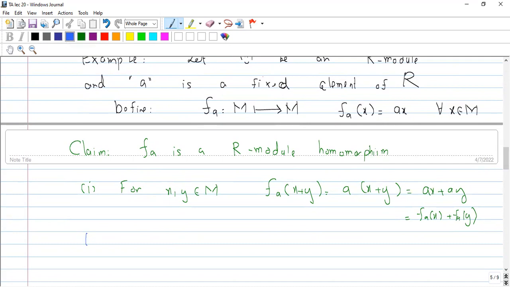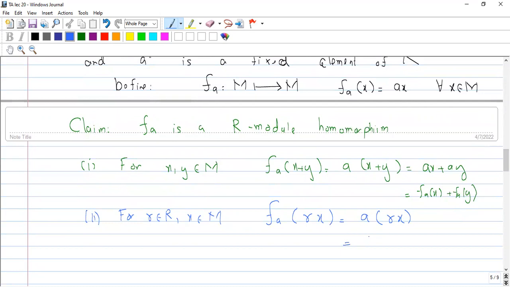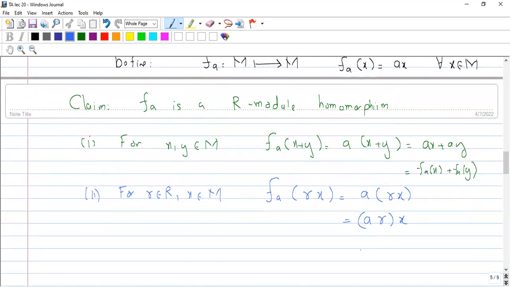And the condition number 2, that for r in R and x in M, if we take f_A of rx, by definition it is A into rx. So now using the module property, I can write this first in this form Ar into x. ये module की property होती है that associativity hold करती है between the scalars and an element of M. And then since R is a commutative ring, this is equal to rA into x.